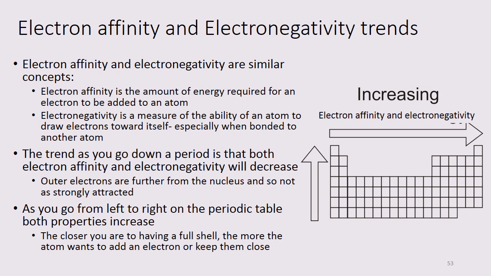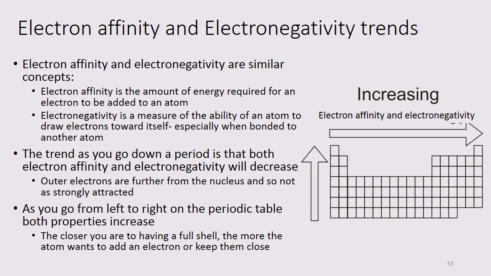How much will they pull on the electrons? And so notice that the trends are actually very similar to the previous one. And it should make sense in this way. So if you go from left to right, notice that electron affinity and electronegativity increase, meaning that they really like electrons. They're willing to add another electron, or they're wanting to hold on to electrons.